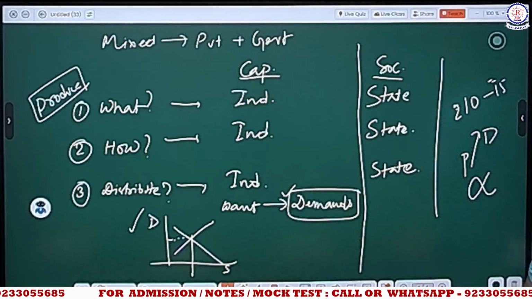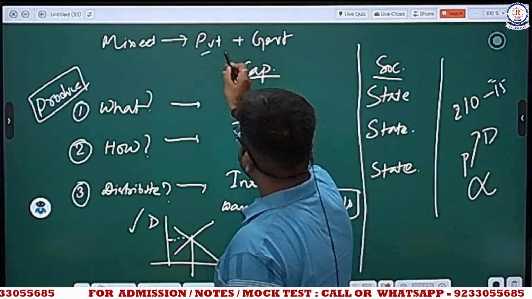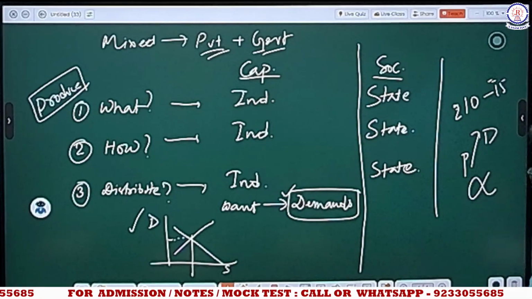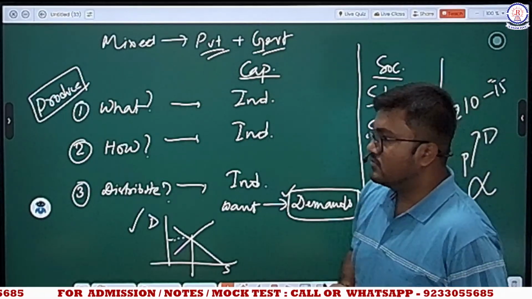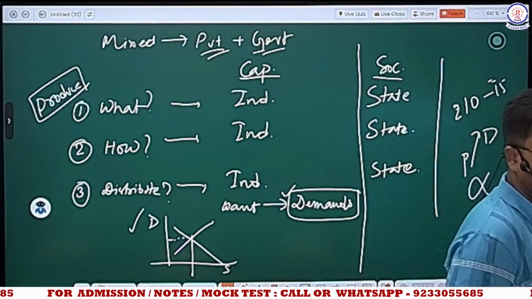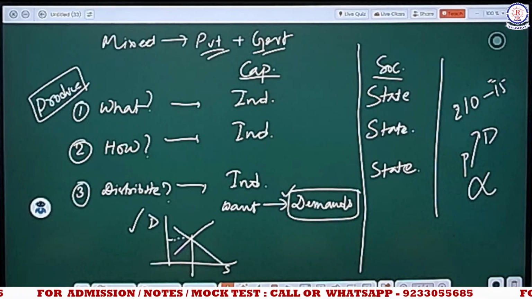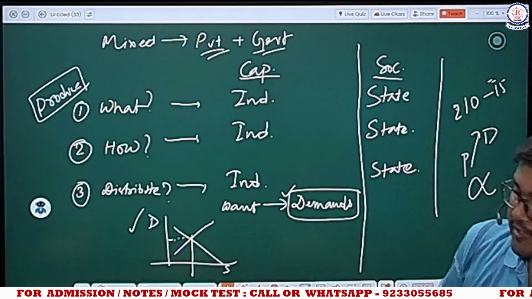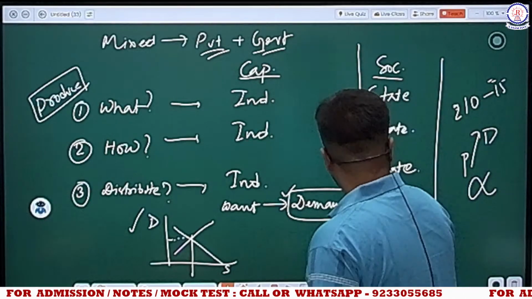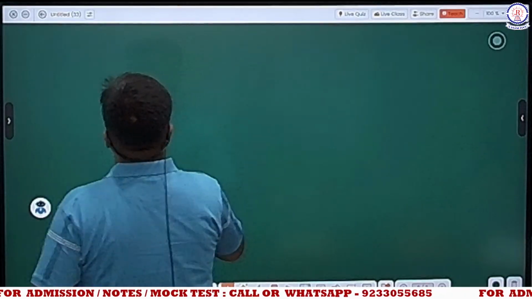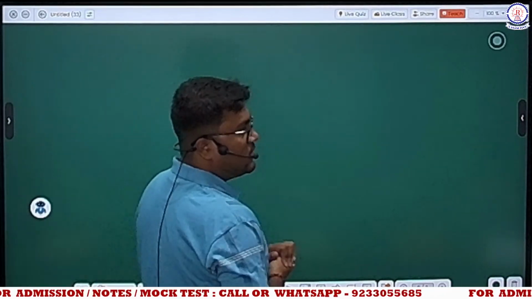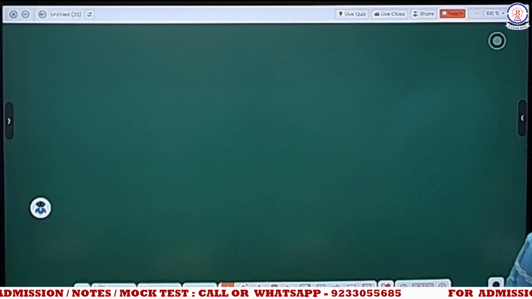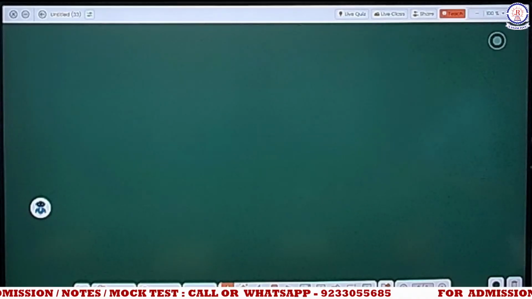Now India adopted a private plus government economy, that is a mixed type of economy. Officially it is called a socialist pattern of society and a mixed kind of economy that India adopted after independence. All this discussion I have done here to make you understand that at that time the world was divided into two blocks, USSR and USA, that is communism and capitalism.